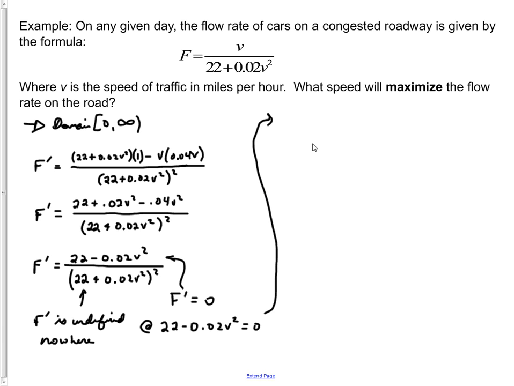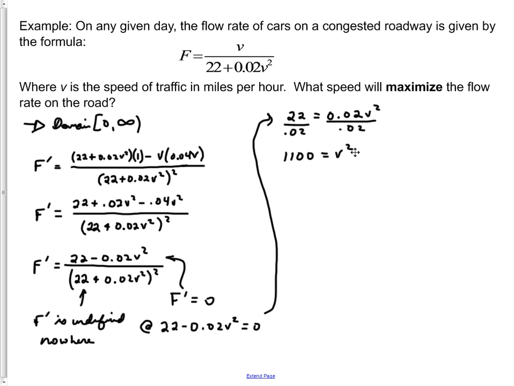What does that mean? Let's see. If we isolate v squared, we're going to get 22 is equal to 0.02 v squared. So we would divide both sides by 0.02. That's kind of like saying over 2/100ths. And if you work that out, that's like saying 1100 is equal to v squared.